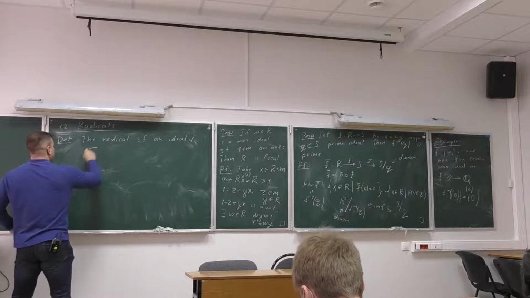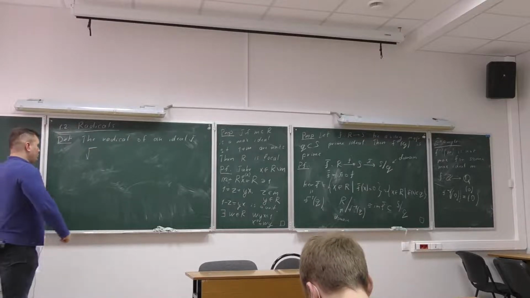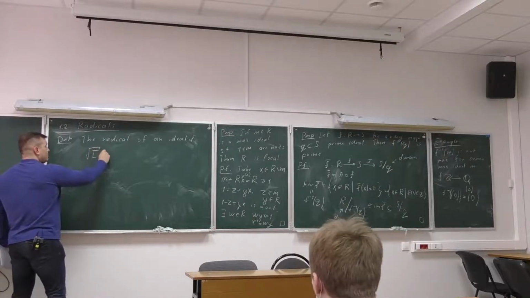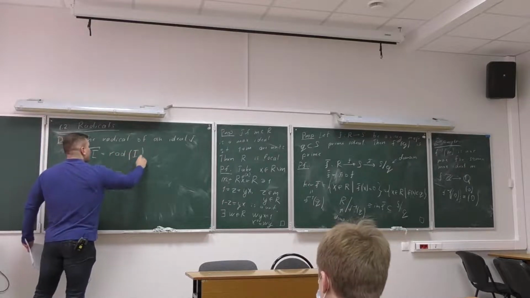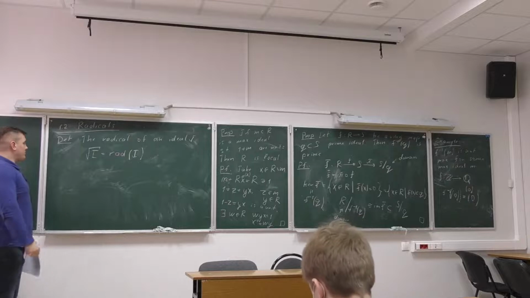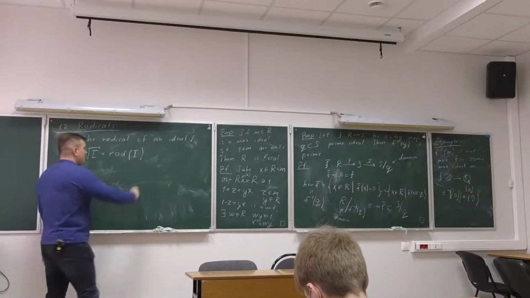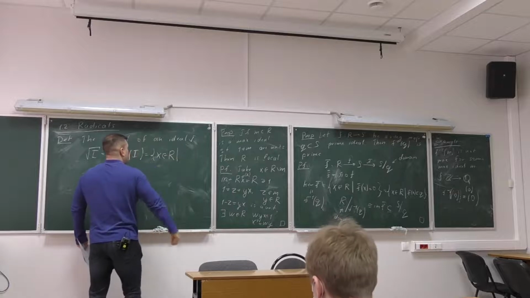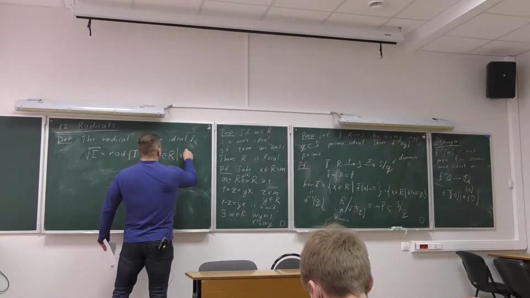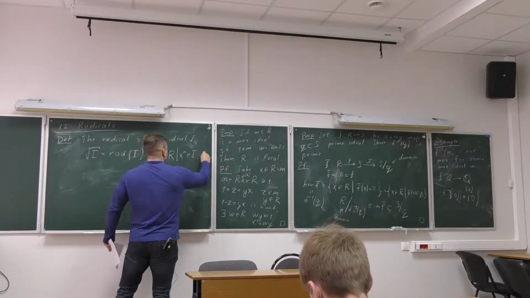There are two notations. You can use this square root notation for an ideal, or you can use the rad of I notation. Well, I prefer the first notation because it's just a little bit shorter. But this is by definition all the elements in the ring such that some power of this element belongs to the ideal.